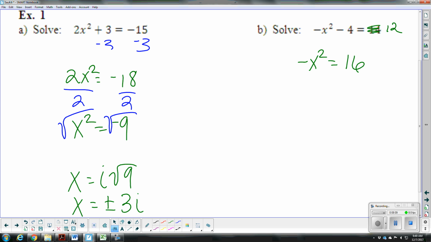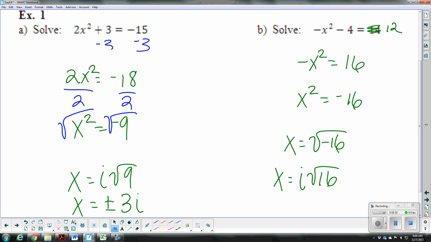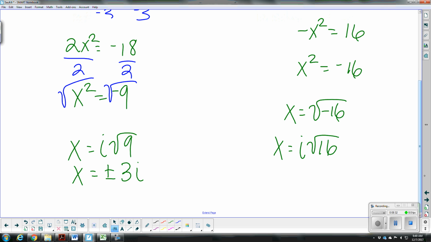Then we're going to divide both sides by -1 to isolate our x squared term, so x squared equals -16. Then we can take the square root of both sides. So we have x equals the square root of -16, which is i times the square root of 16. So we have x equals plus or minus 4i.